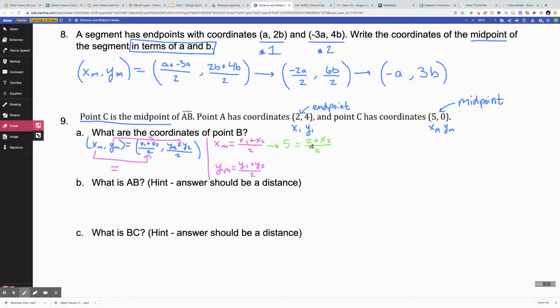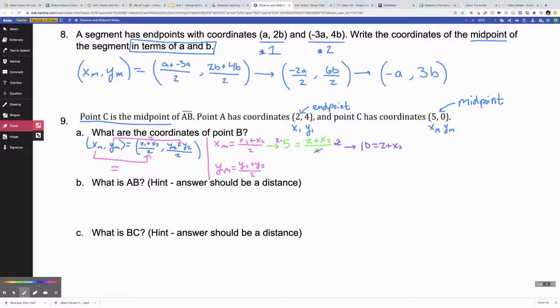So I can now go through and solve this for x2, right? So remember, whenever you're solving, you're always working from the outside in. So the first thing that's in my way is this divided by 2. So to cancel it out, I'm going to do times 2 on both sides. Okay, so I have 10 equals 2 plus x2, right?